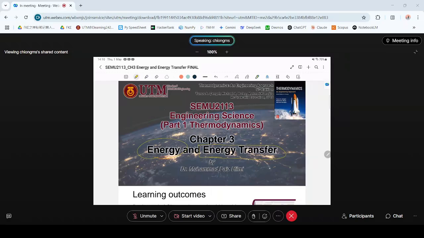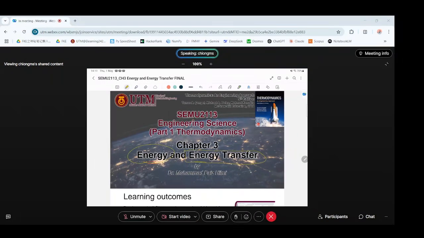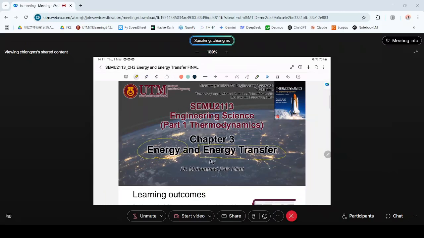Because the second half of the subject is on solid mechanics. So in the first half of thermodynamics, we look at the fundamentals, the laws of thermodynamics. We look at a lot of definitions, especially what is a substance, and then how do we find the thermodynamic state of a substance, right?